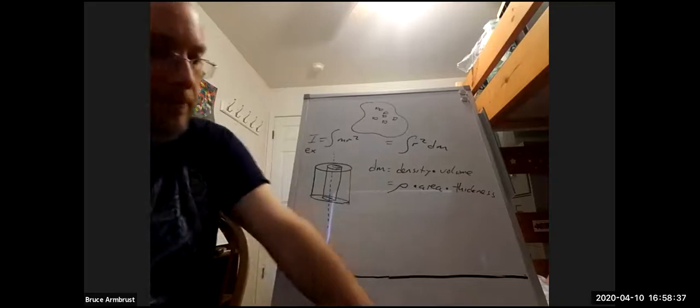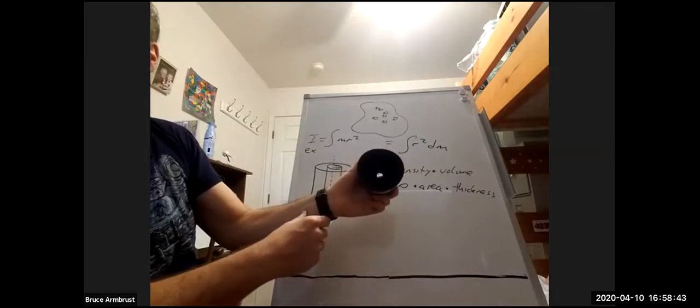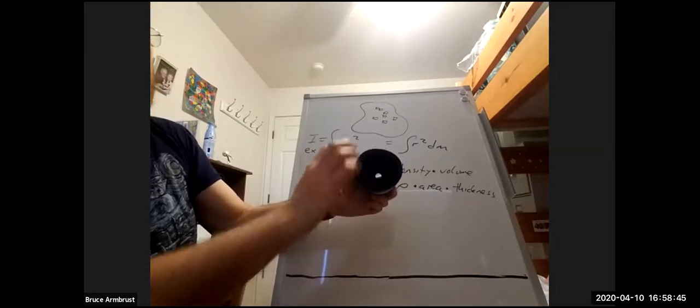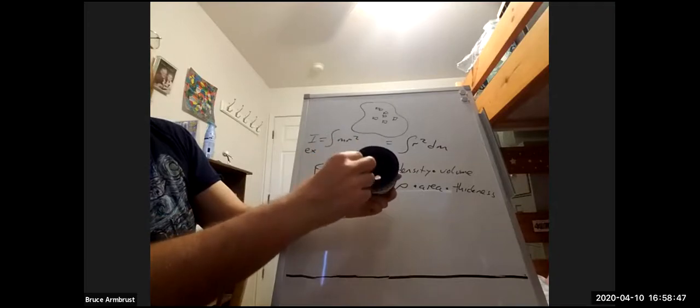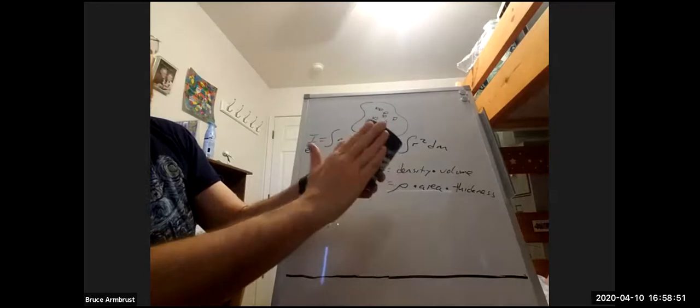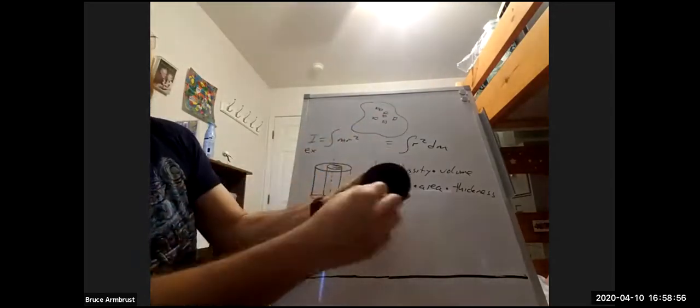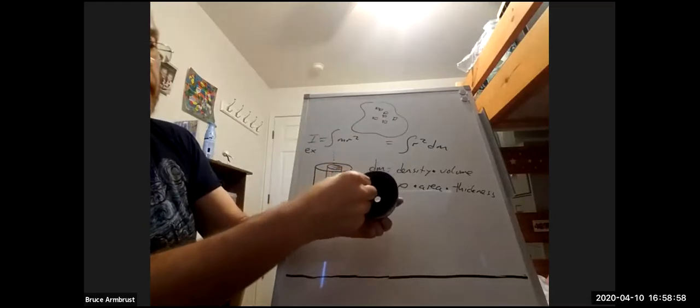And again, use my little Nevada drink koozie here to show, here's your cylindrical shell. If I want to know the volume of this, I can imagine I just cut down the edge and unravel it. It's going to be whatever that area is times the thickness.